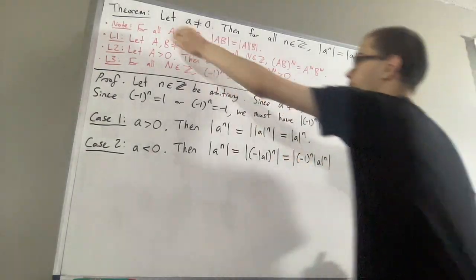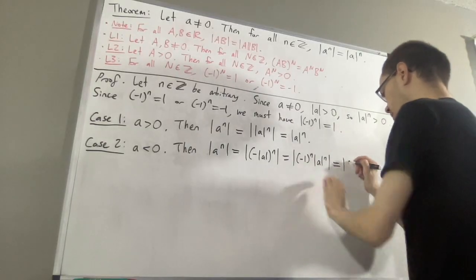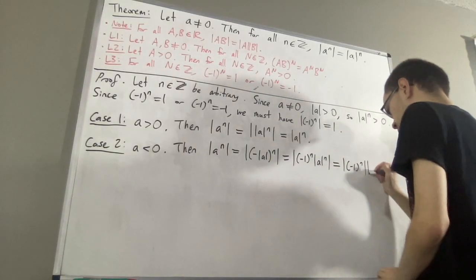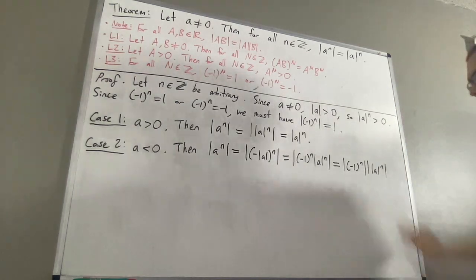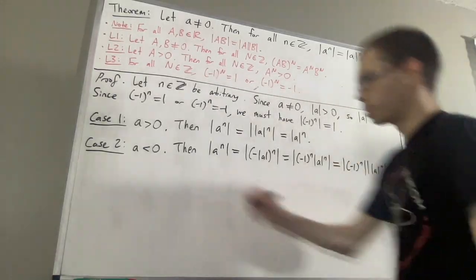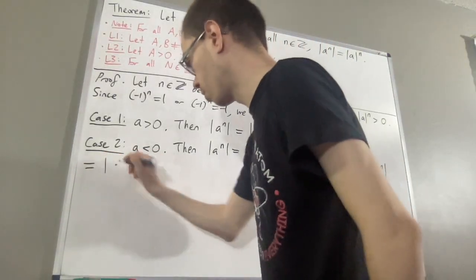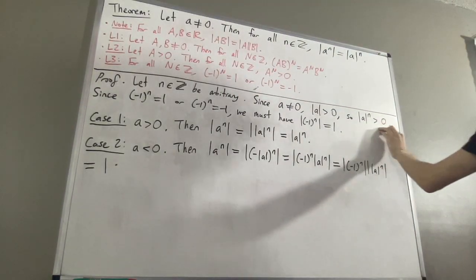But then applying our fact about absolute values, we could split this up as a product of absolute values just like this. But the absolute value of negative 1 to the power of n is equal to 1. So that first factor is 1. And again, the absolute value of a to the power of n is greater than 0.